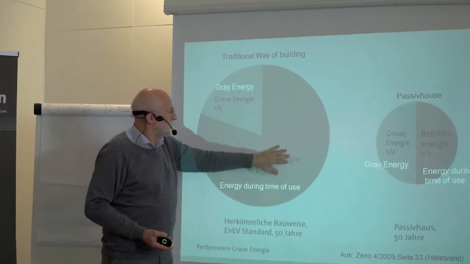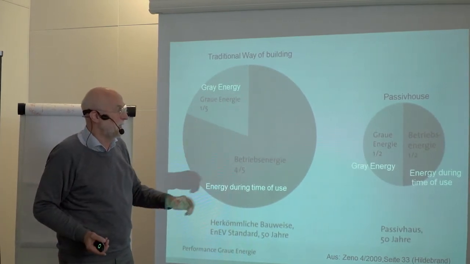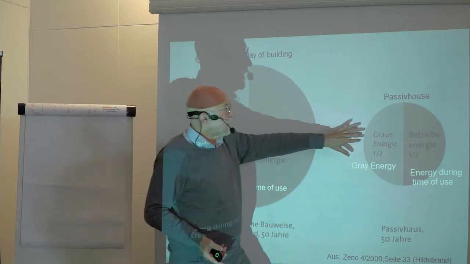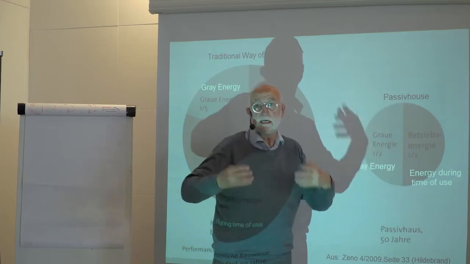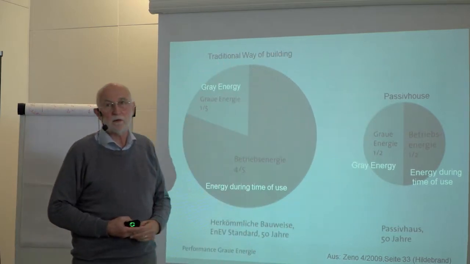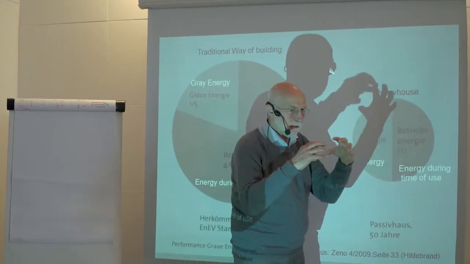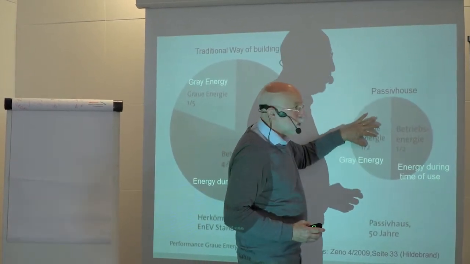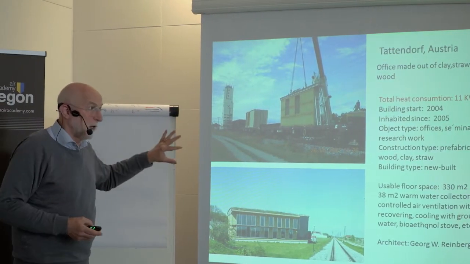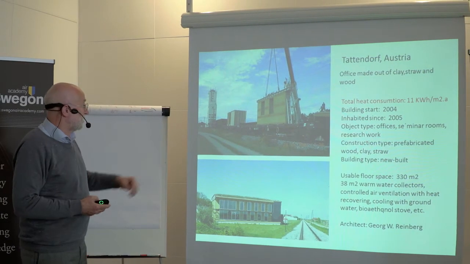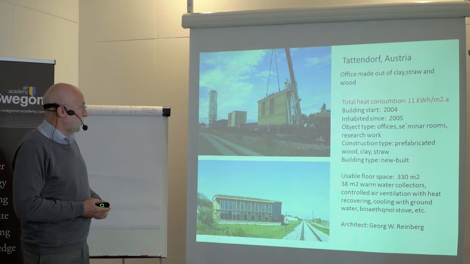But if we diminish this energy to more or less 10%, what we can do today, then the gray energy built in the products is more or less the same as the energy we need to run the house. And therefore, after being successful in diminishing the consumption, we look more and more to the gray energy we need for building. I use this example because we could do it very consequently in this project.